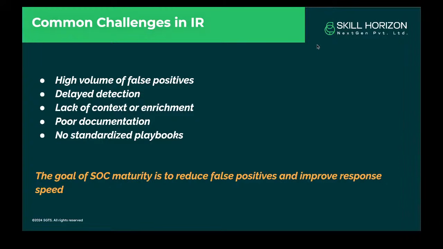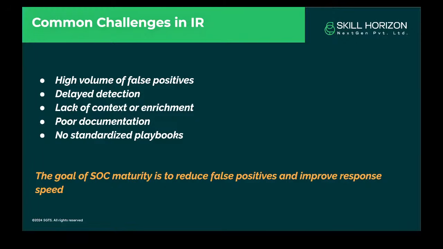Delayed detection. Sometimes the attack happened and you detected it very late, after the incident, right? Lack of context or enrichment, poor documentation, or no standardized playbooks. So the goal of SOC maturity is to reduce false positives and improve the response speed.